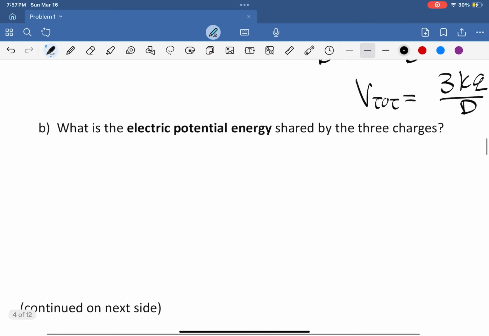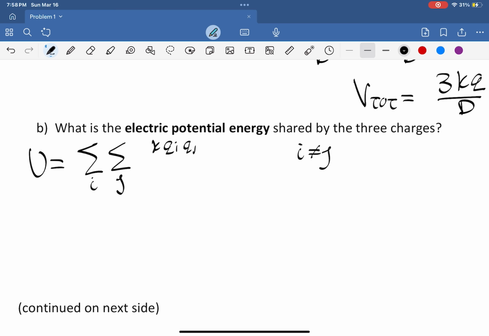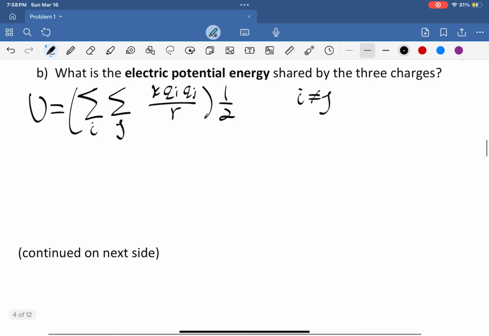All right, next problem. What is the electric potential energy shared by the three charges? So that's U. And U equals the summation over i, j, where i cannot equal j, of K Q_i Q_j divided by some distance, all times 1/2. Well, this is a formula. The reason we multiply by 1/2 is that we get repeats, so I'm not going to do the repeats.